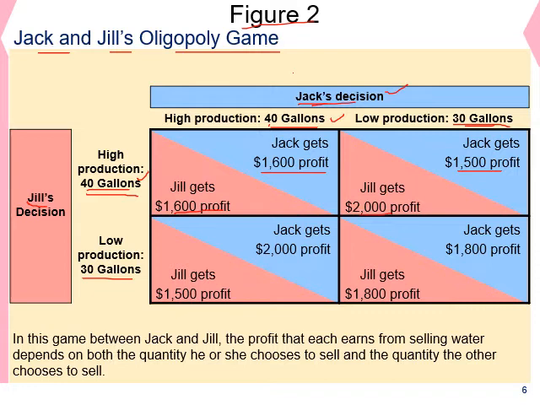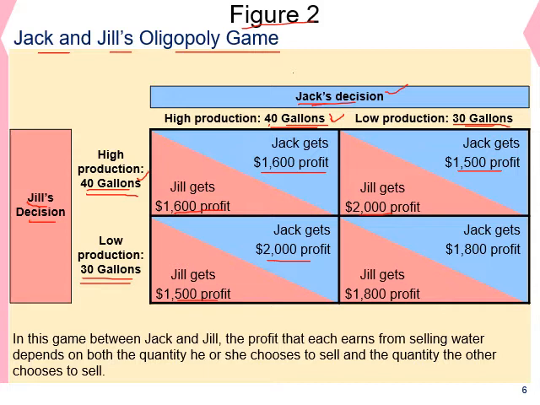However, if Jill decides to cooperate and produce only 30 gallons of water, and Jack doesn't cooperate and produces 40 gallons of water, Jack's profit will increase to $2,000, and Jill's profit would drop to $1,500.